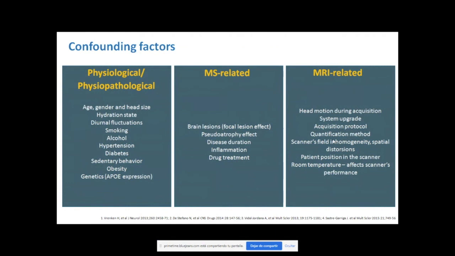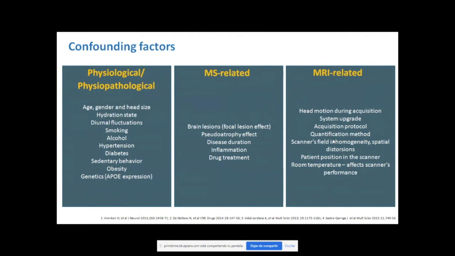But in addition, there are some other factors that can produce some fluctuations in the degree of brain volume. These fluctuations are in general quite minimal and do not really affect us when we follow a patient for a period of 1 year, for example.